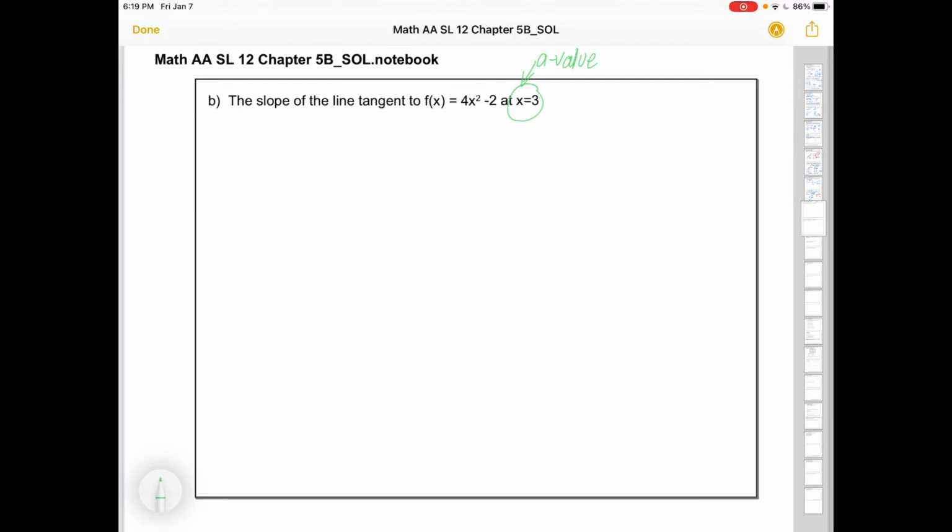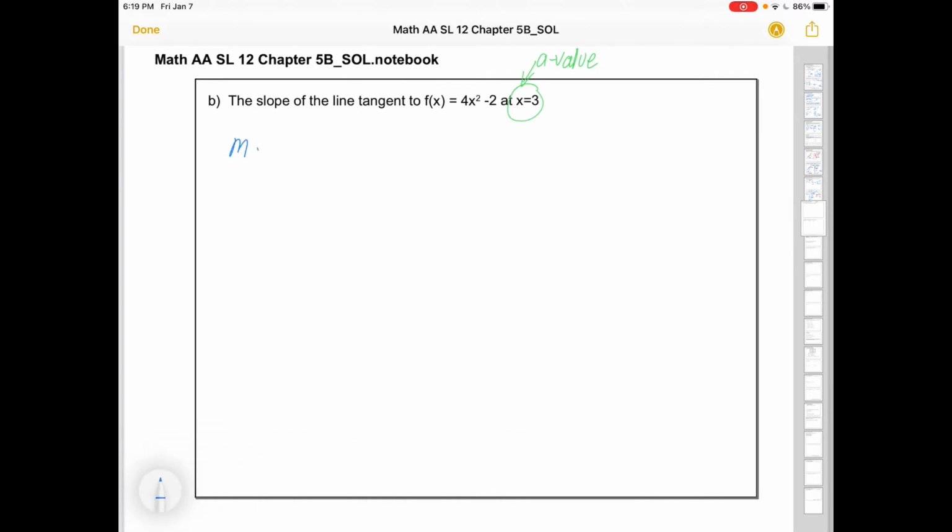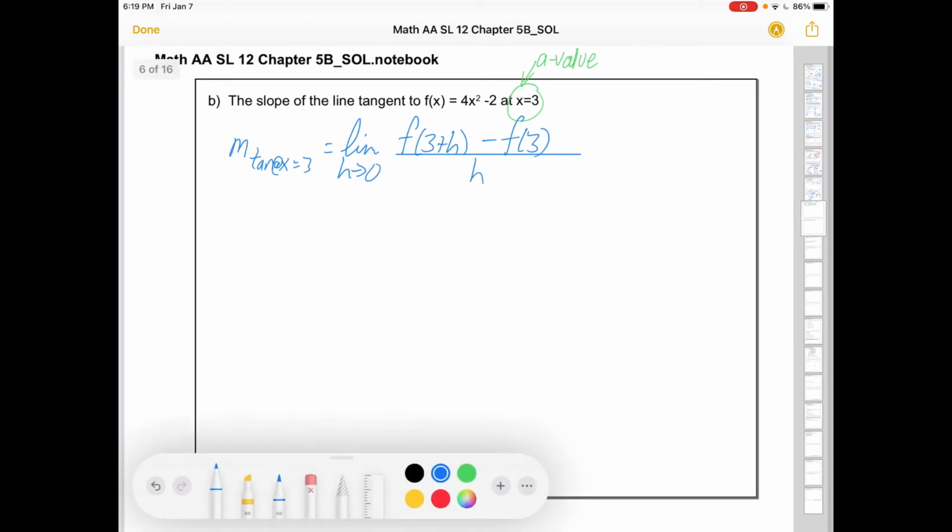But what it means is that if we want the slope of the tangent at x equals 3, it's going to be the limit as h goes to 0 of, the general form is f of a plus h, but in this case it'll be f of 3 plus h minus f of 3 all over h. And we just plug and chug in that formula.